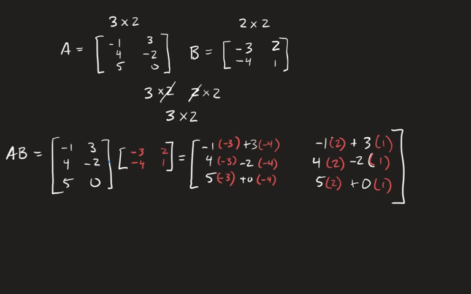And now this is just cleaning up all the numbers that we have. So this is going to be 3 minus 12. Then we have minus 12 plus 8. Then minus 15 plus 0. Negative 2 plus 3. 8 minus 2. 10 plus 0.